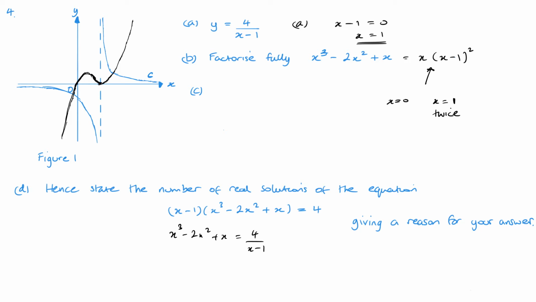So it's just where they intercept. So I'll circle it with a red pen here. So they intercept at this point and this point. So I can say that there are two real solutions.